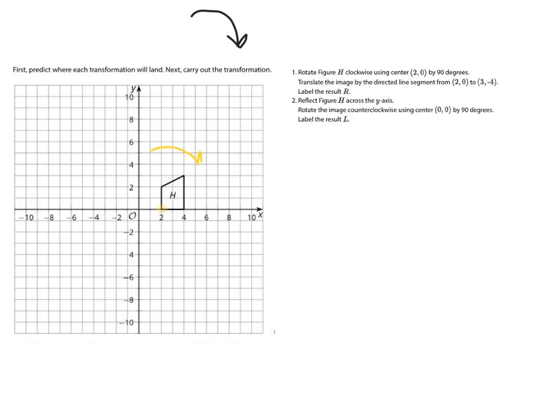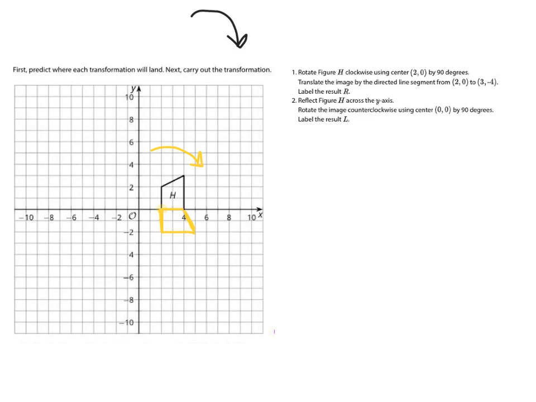Means I'm going to turn this 90 degrees that way. So that would be that length, and then that length, and that was 3. Oh, but that went 4. So I went too far. There we go. Okay, we rotated it 90 degrees.